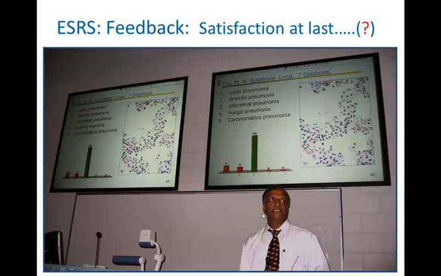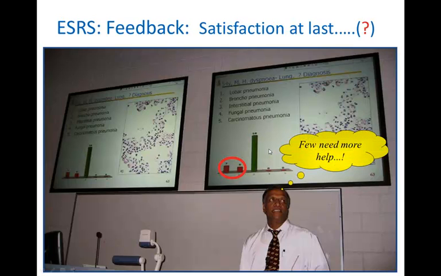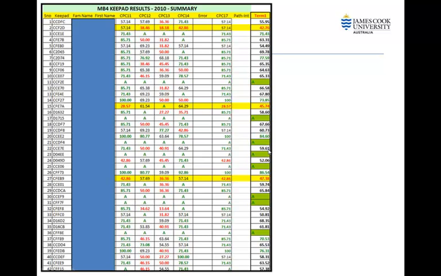The students' response showed maximum satisfaction, but the small number of students who needed more help was always a concern for me. So I created a club known as the Winners Club, because this technology gave me detailed statistics of student performance.